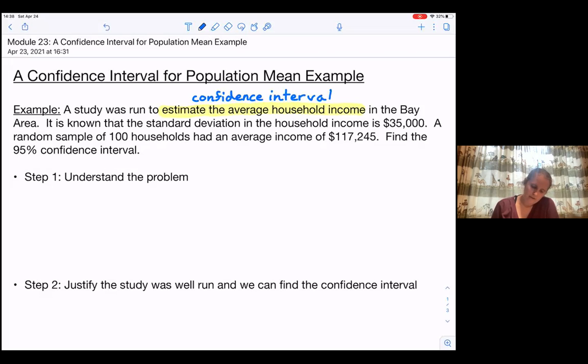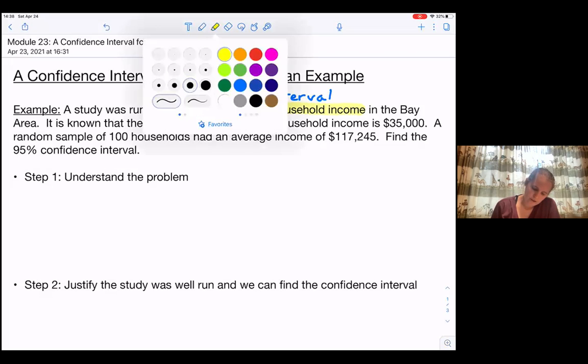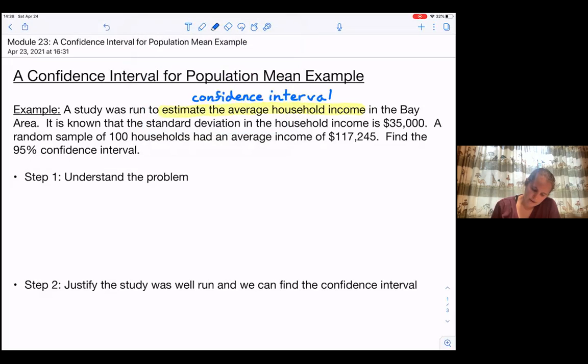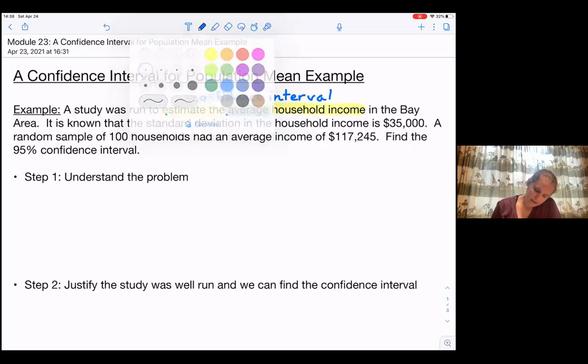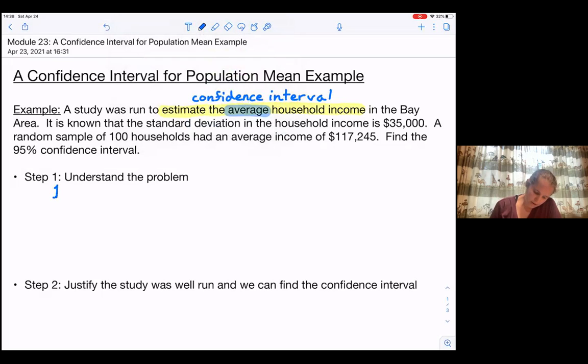And then we have our keyword: we are looking at the average household income, so we are talking about the mean. We have just one population involved. So we know that we are doing a one population mean interval.